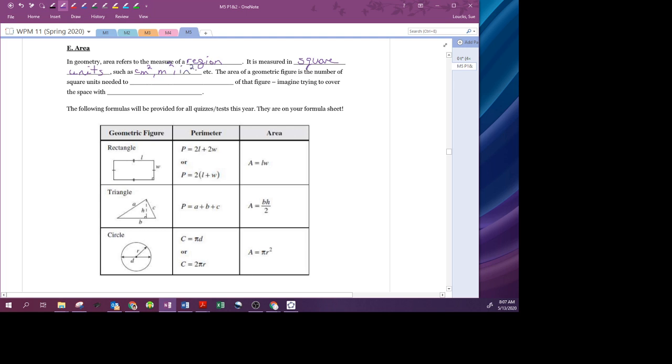The area of a geometric figure is the number of square units needed to cover the interior of that figure. Imagine trying to cover the space with little paper squares. If your squares are all 1 centimeter squared, then how many of those would cover is how many centimeters squared the area is.